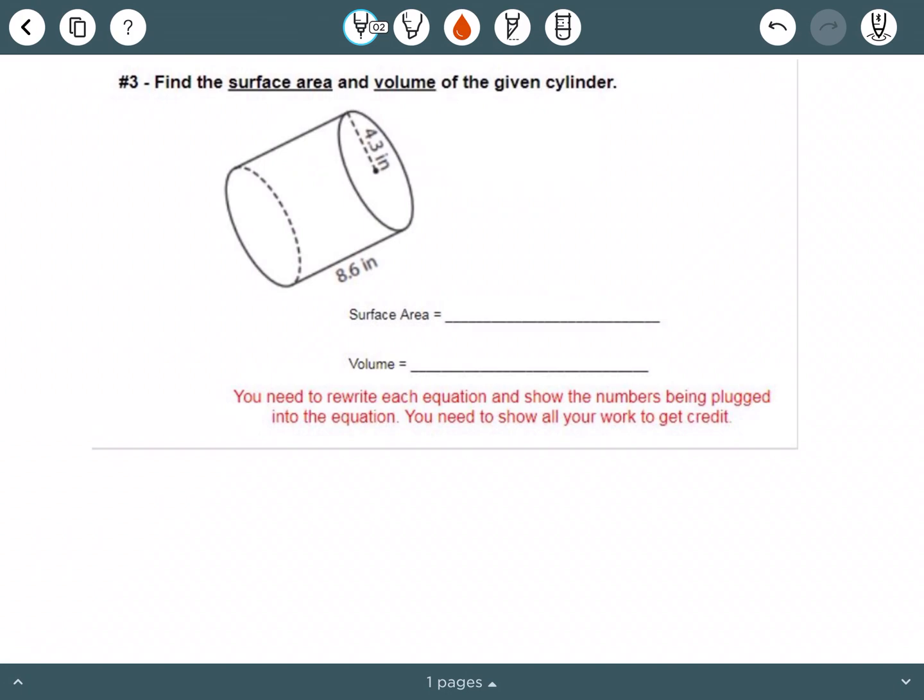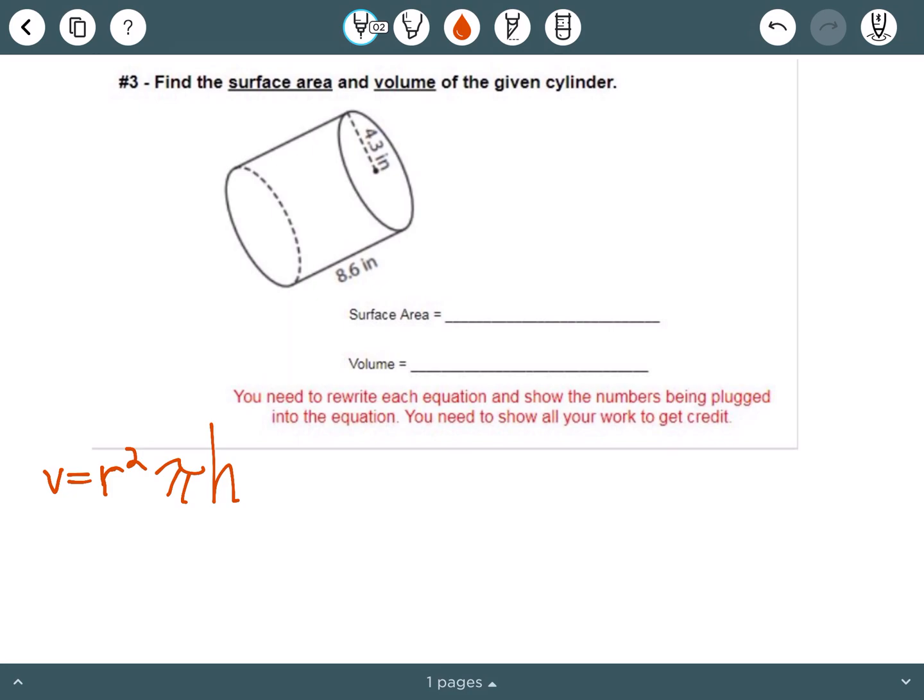And the formula that I'm going to use is going to be pi times the radius squared times the height.